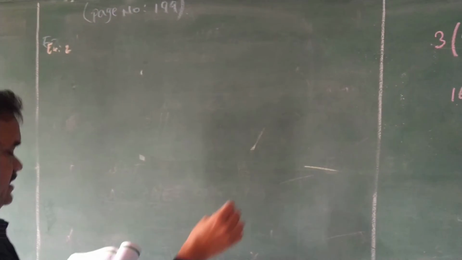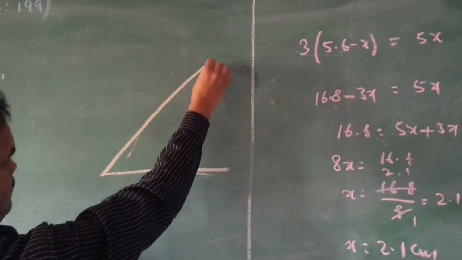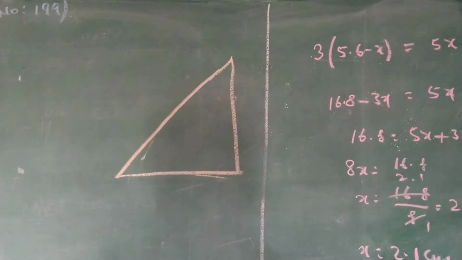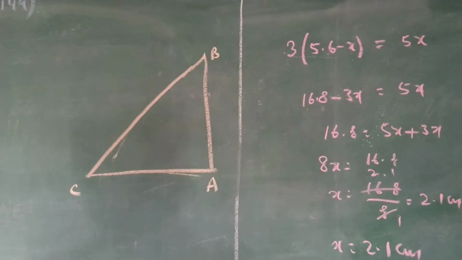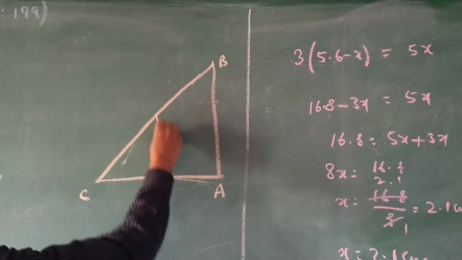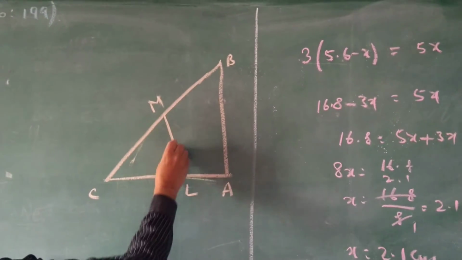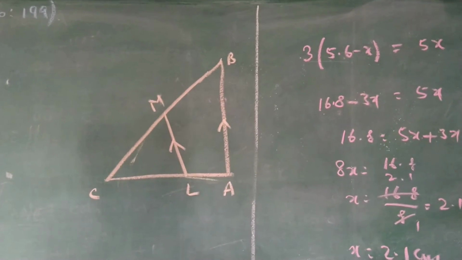Example 2. In the given figure, triangle ABC, LM is parallel to AB.